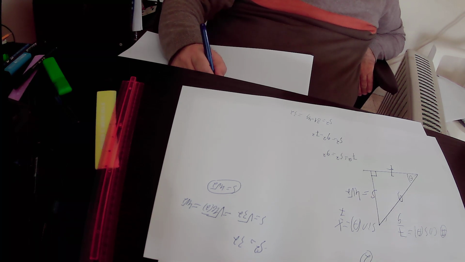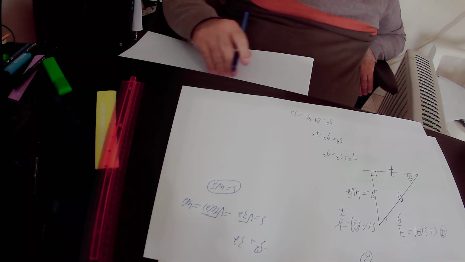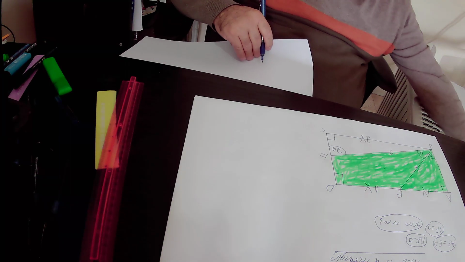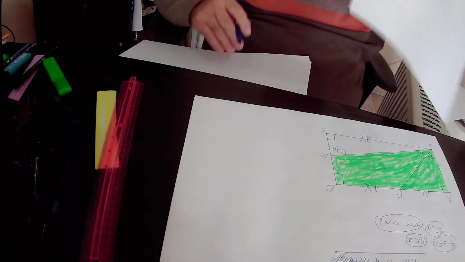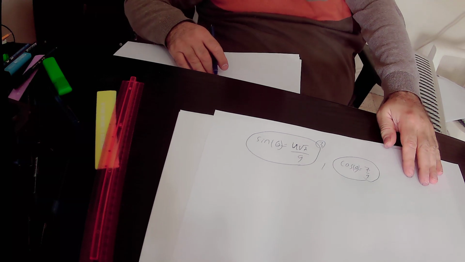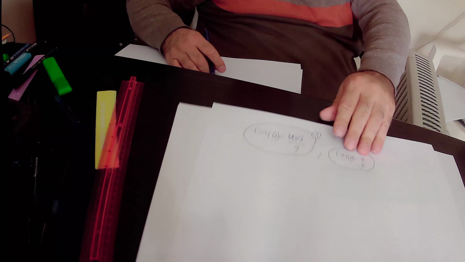And we have already found out that cosine theta equals 7 over 9. I repeat again, sine theta equals 4 times square root of 2 over 9, and cosine theta equals 7 over 9.